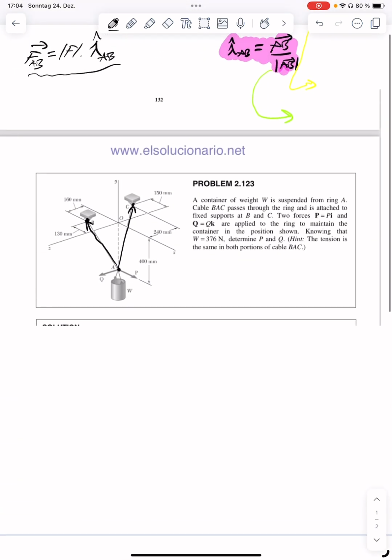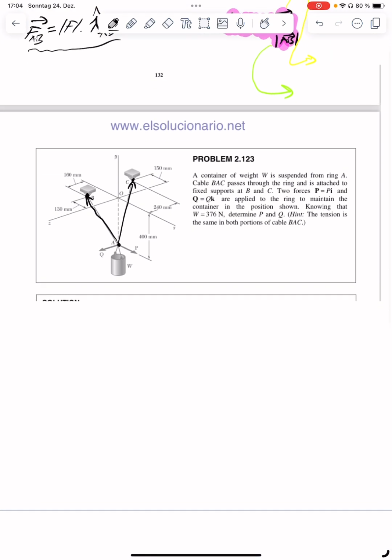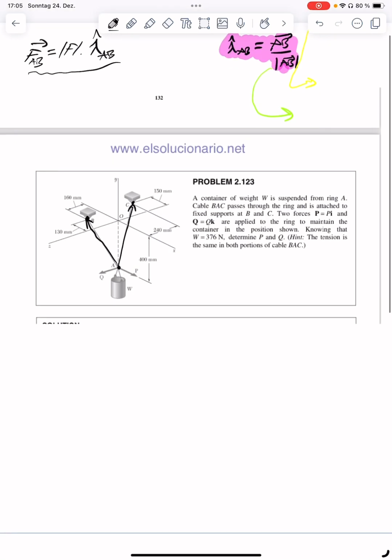So we must use the method of lambda hat, and I'll show you how we can find them.